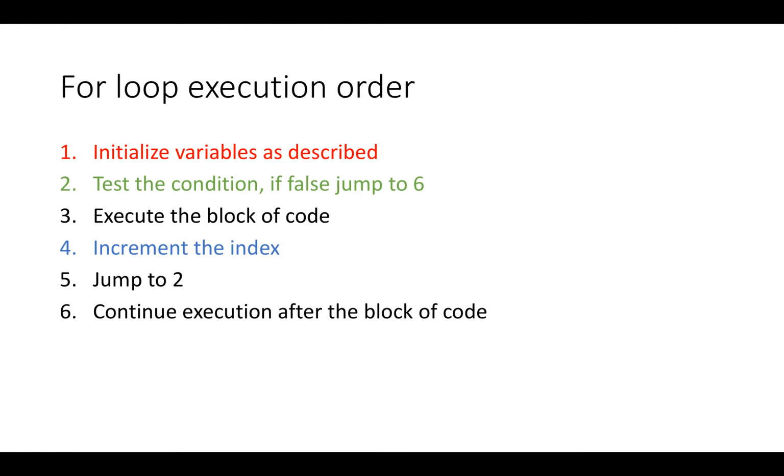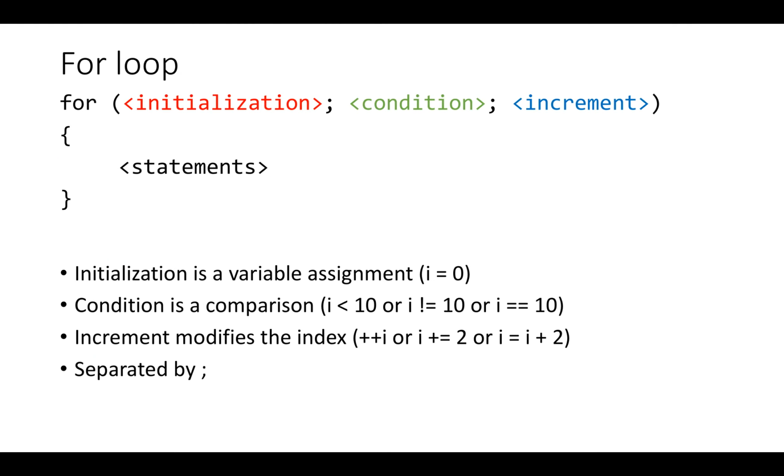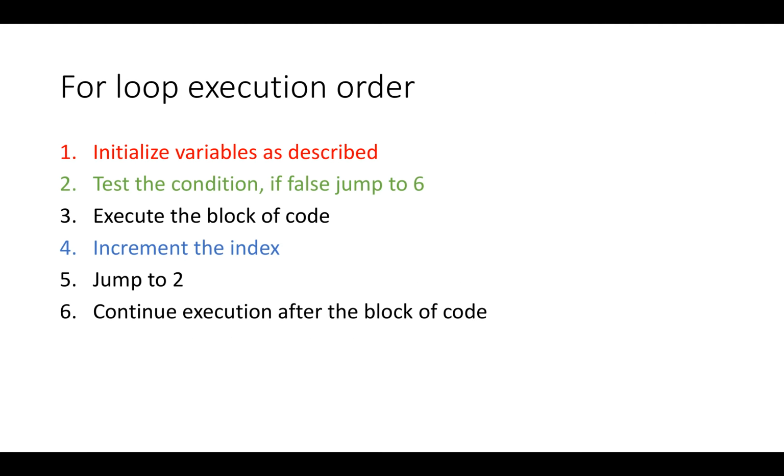Number 4 is increment the index, which is in blue. Number 5 is we unconditionally go back to number 2. If the condition is false, we jump to 6, otherwise we execute the block of code again. The only way we can ever exit the for loop is if the condition is false. Keep that in mind.